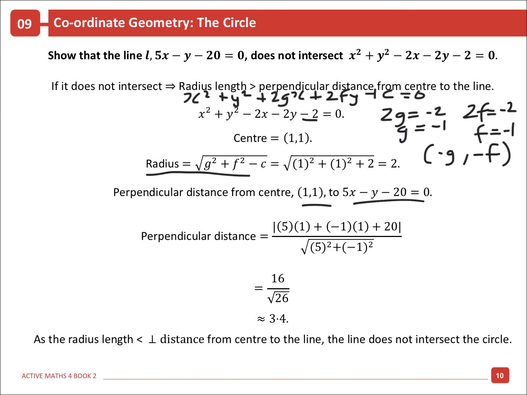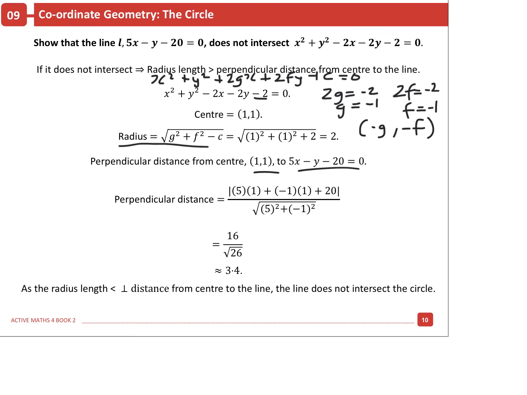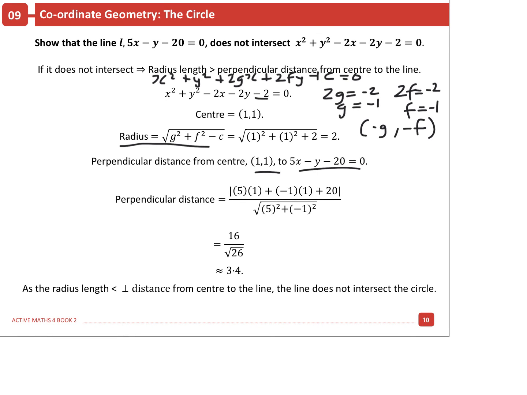So again, using that formula, it's in your log tables. The formula itself, just write it in here, looks like so. It is the absolute value of ax plus by plus c all over the square root of a squared plus b squared.